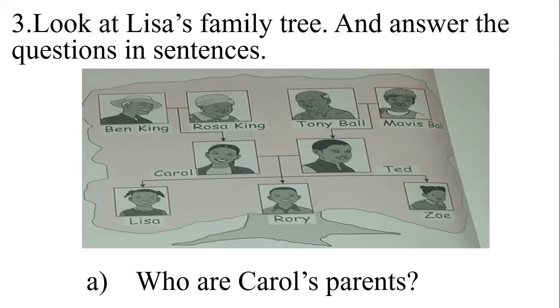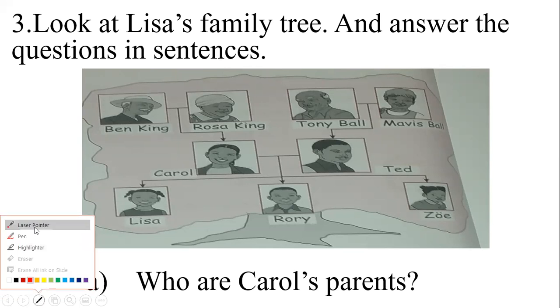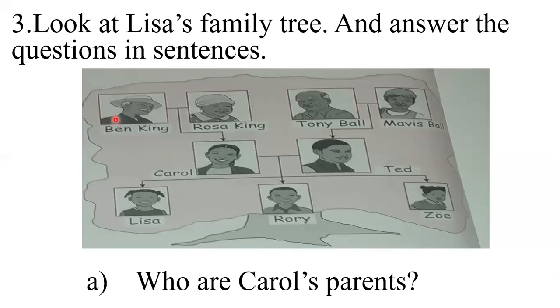They are Carol's father and mother. Do you see that? Here is Ben King and here is Rosa King. Now, their child is Carol. So Carol's parents is Ben King and Rosa King.